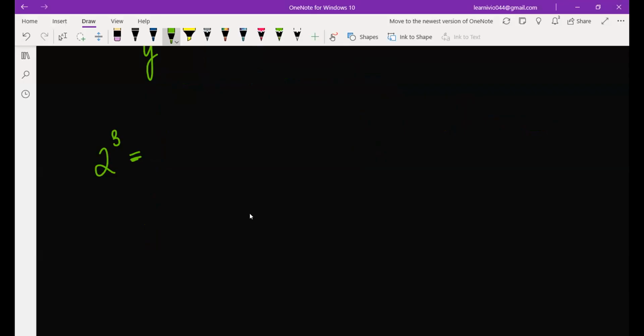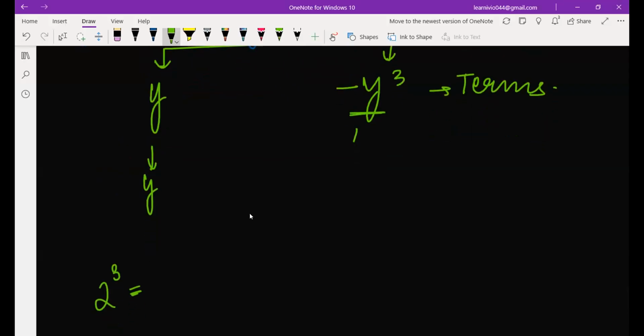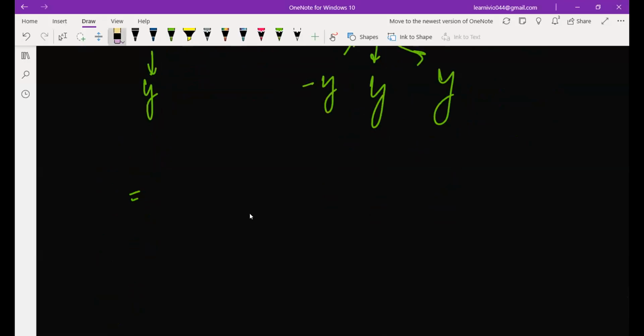What is the meaning if the power is 3? We have to multiply 3 times. So here also the power is 3. So what do you understand by this power 3? You must be multiplying minus y, into minus y, and minus y. Simple. Exponents and powers you need to revise, Razan. The chapter is weak.